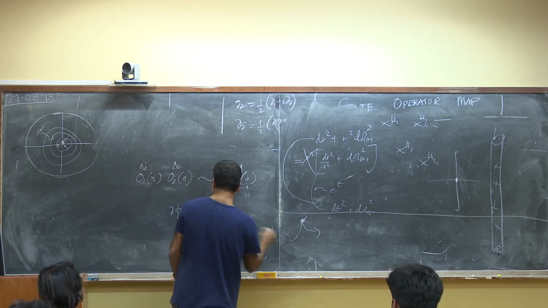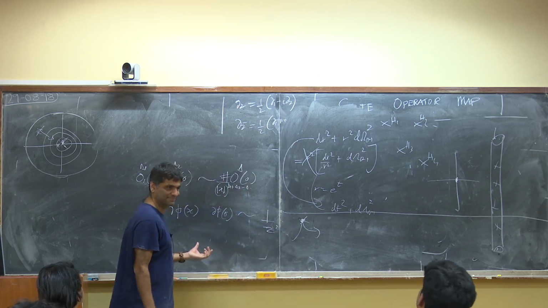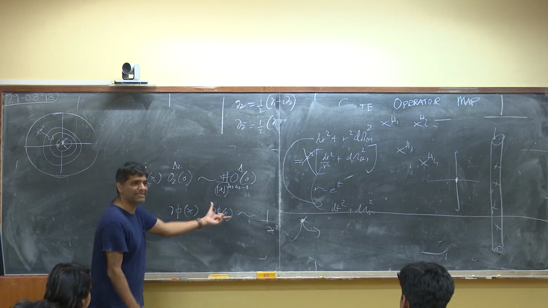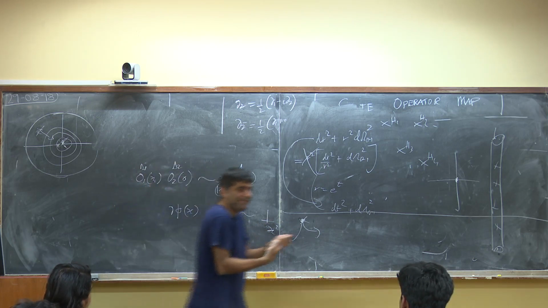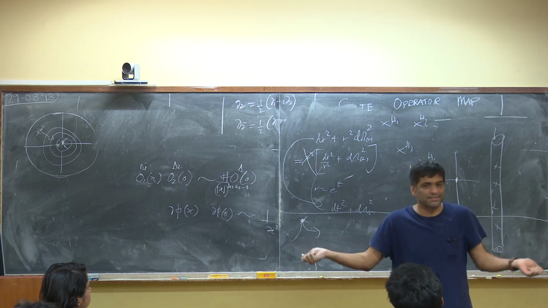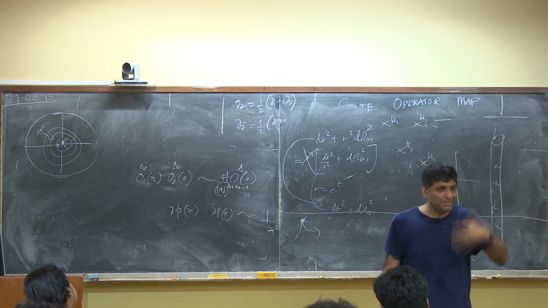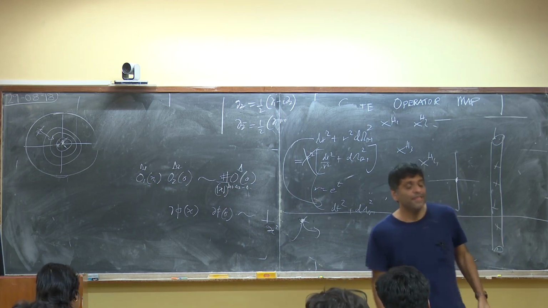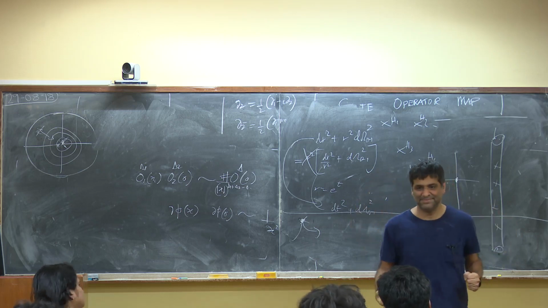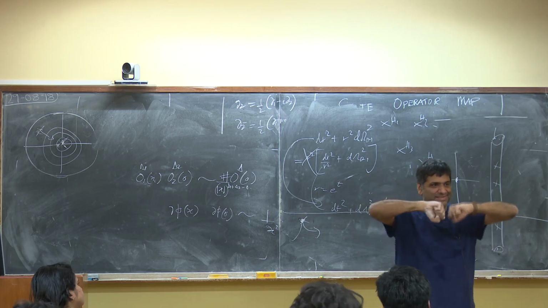This thing will behave like 1 by x squared in 2 dimensions. We'll see this. There's a short distance singularity. The fact is there are short distance singularities in quantum field theories. What we're doing is far from Taylor expansion, because Taylor expansion is never short distance. This is quantum rather than classical. Okay? The reason that the earlier thing was a Taylor expansion is because there was nothing for it to hit. It was just one operator. When you have 2 operators, there's a relative distance, and interesting things can happen.